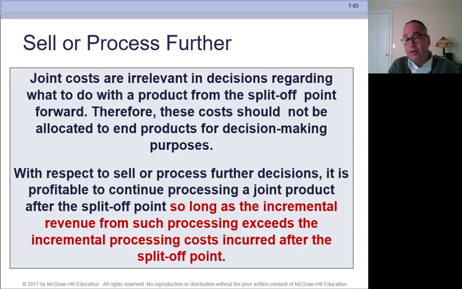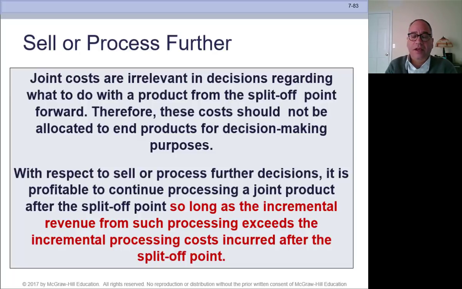What should I do? Well, one thing that's irrelevant to that decision is the joint cost. In other words, how much it cost for the original cow that got split off into the individual parts. So the original cost of that raw hide was allocated from the cost of the cow. And now your decision is, should I sell it as a raw hide, or should I sell it as the completed product, leather?